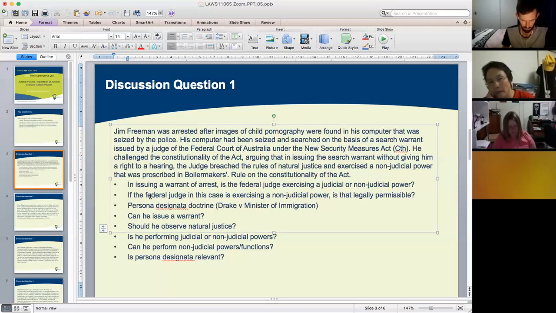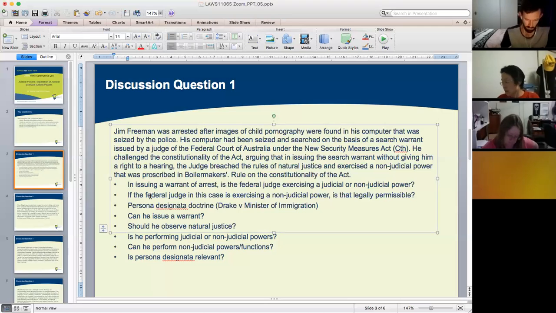That's a correct case that you've cited, and you've articulated the correct legal principle. So, according to Drake versus Minister for Immigration, under the persona designata doctrine, it is permissible for a federal judge. You have to be clear that the federal judge is the judge.